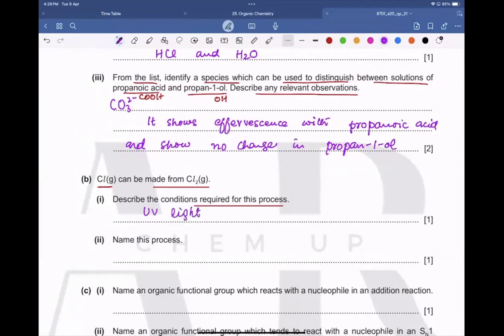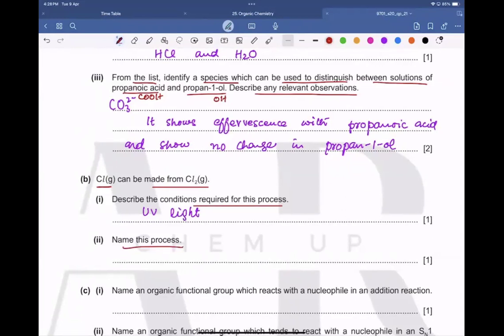Name this process. What is this process called? Who will name it? No. The whole reaction is free radical substitution. They are asking about this process, when a chlorine molecule turns into this.